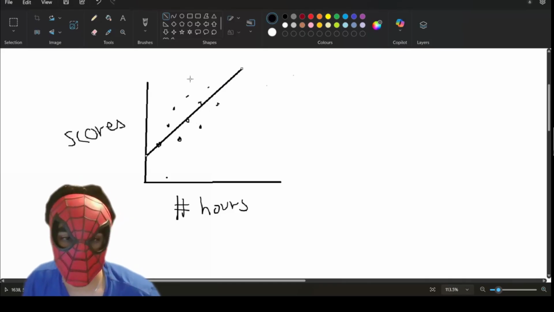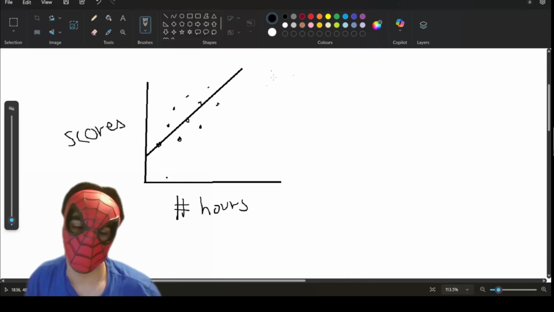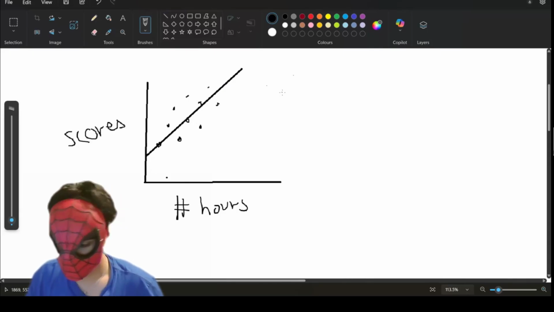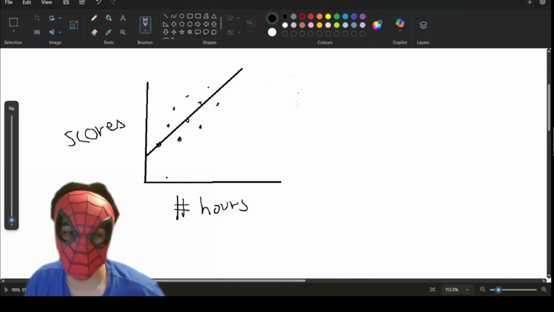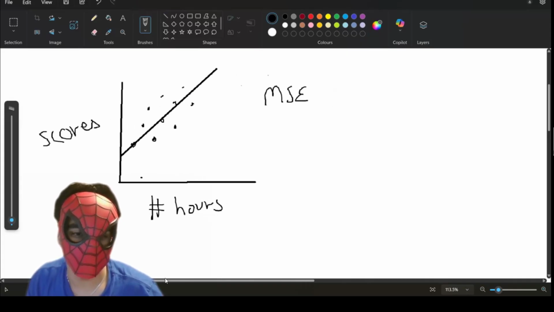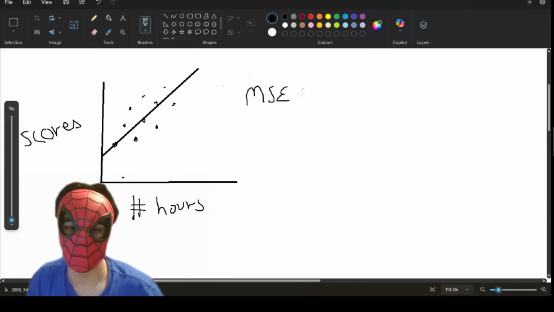So how do we minimize this error in gradient descent? And how is the error quantified? So the error is quantified through something called the mean squared error. So the mean squared error is literally just the mean of the error squared. The error is basically the difference between the point and the predicted line.